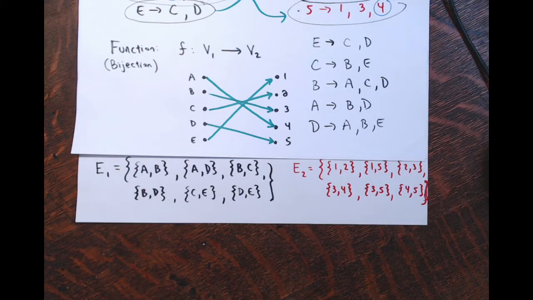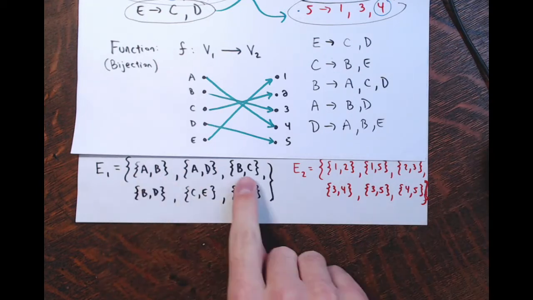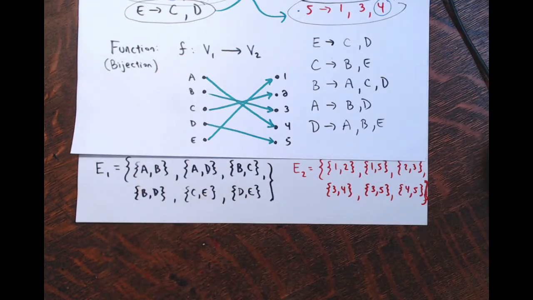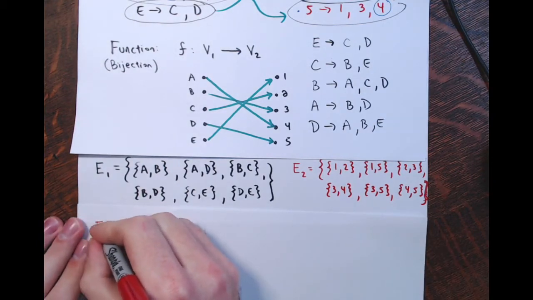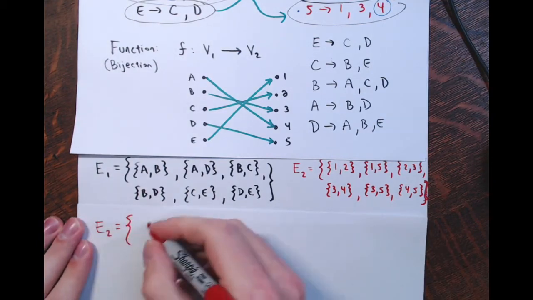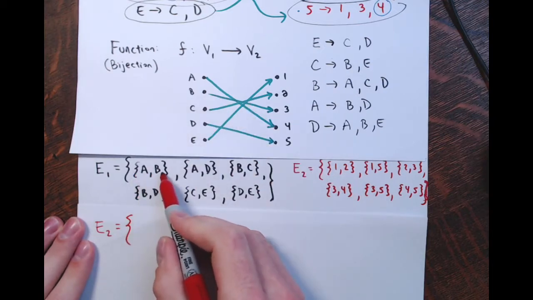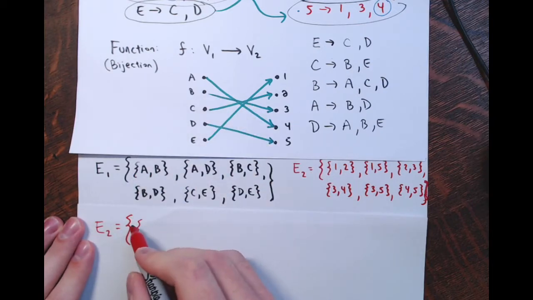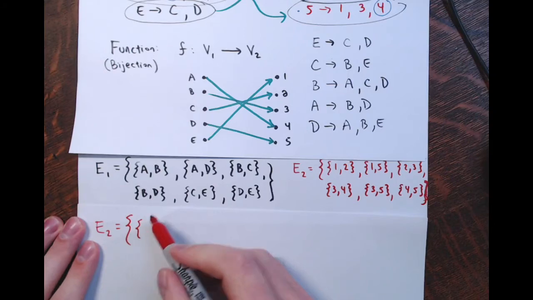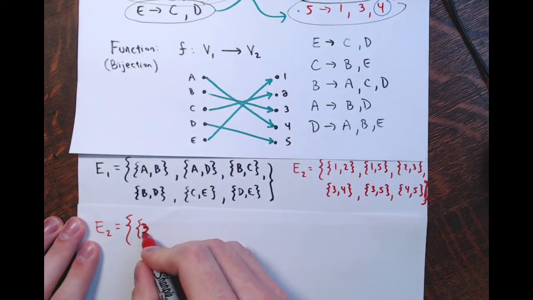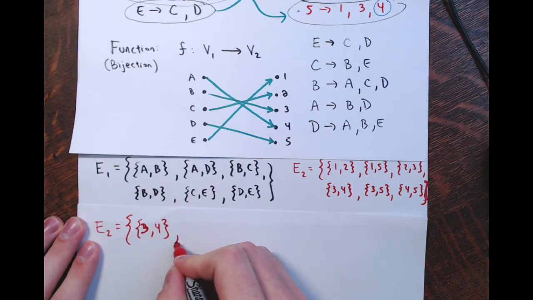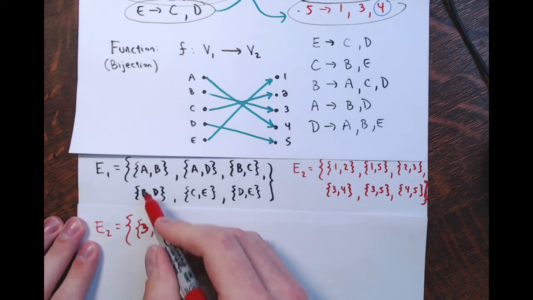So like here was edge list 1, and then if I just rewrite edge list 2 down here, you can see edge list 2 coming up when I do this mapping. See, the edge AB would correspond to edge 4, 3, or 3, 4. Right, I'll just do 3, 4. AB would correspond to 3, 4.